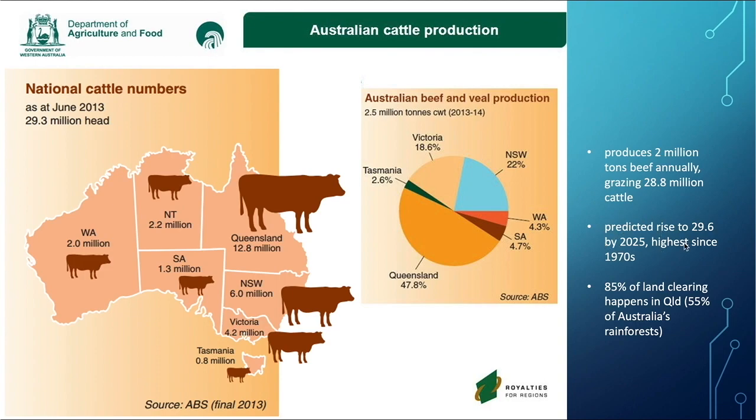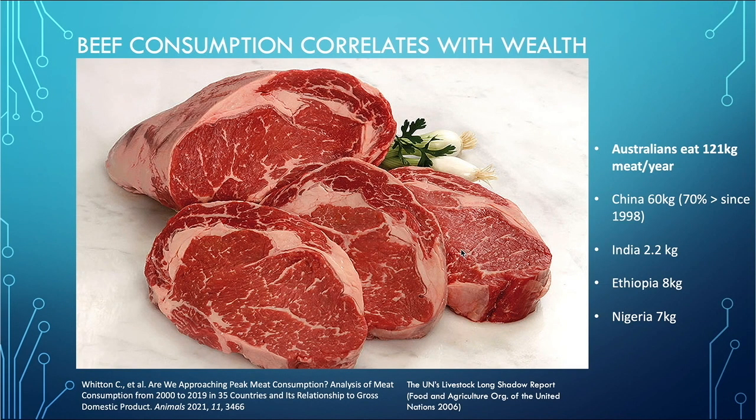So we keep consuming, keep exporting, keep grazing, and keep cutting our bloodline, our lifeline, which are the forests, for this production. It correlates very much with our wealth. America and Australia are the leaders in beef consumption. This is a figure of how much meat we eat per year, 121 kilos. China, which was quite interesting to learn, has increased their intake to 60 kilograms of meat per year since 1998.